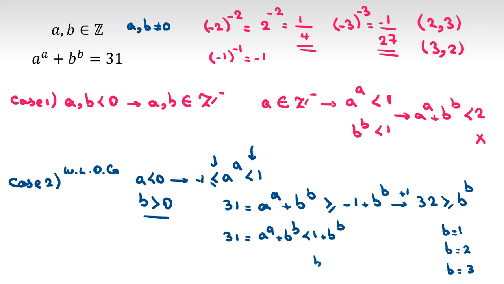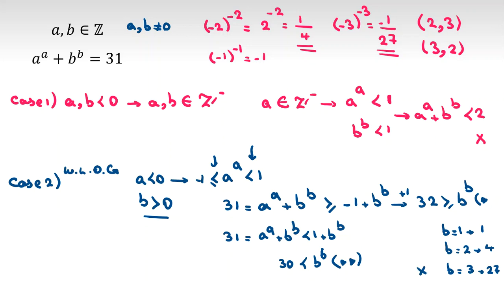So if we subtract 1, B to the B is greater than 30. We call this one star, and this one double star. B to the B should be greater than 30 and less than 32. So B to the B here is 1, 2 to the 2 is 4, 3 to the 3 is 27, 4 to the 4 will be larger than 32. So none of them works.